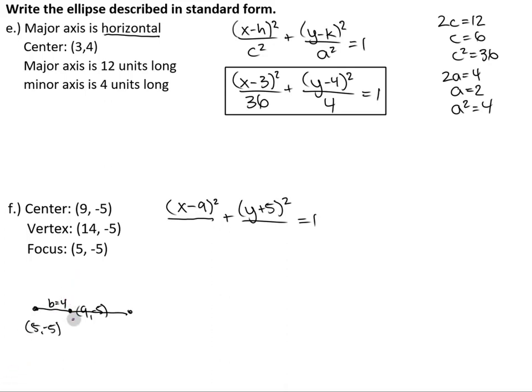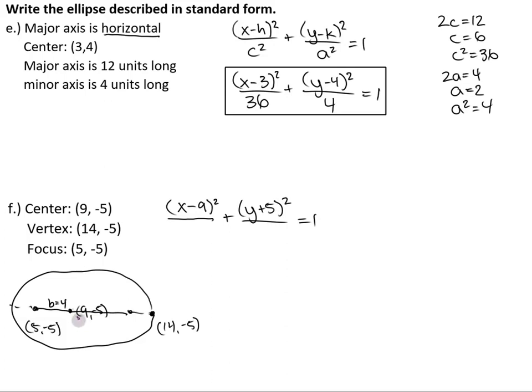Okay, if I'm going from my focus all the way to the vertex, so if I go all the way further out, that's just a point on the curve of my ellipse, this horizontal ellipse here. It says that one of them is at 14, negative 5. So from my center all the way to my vertex, it looks like we've gone out 5 total units.